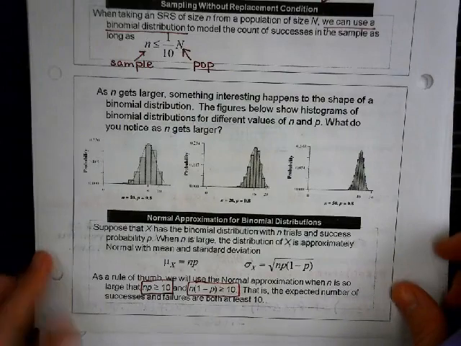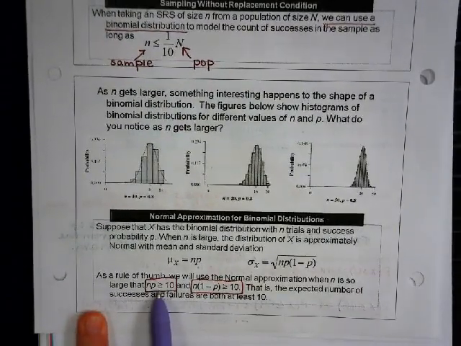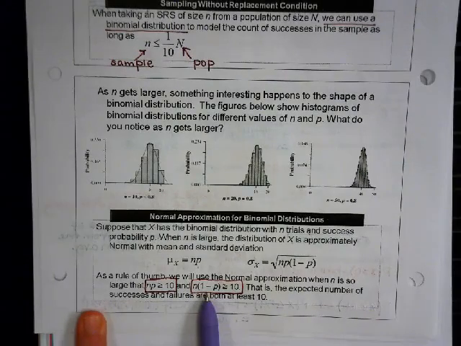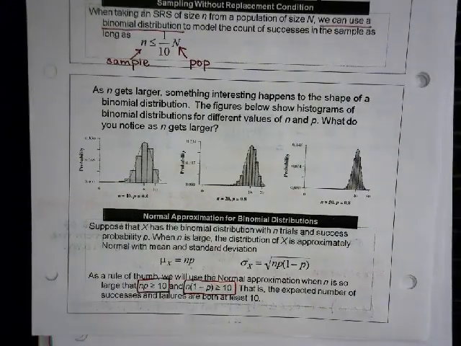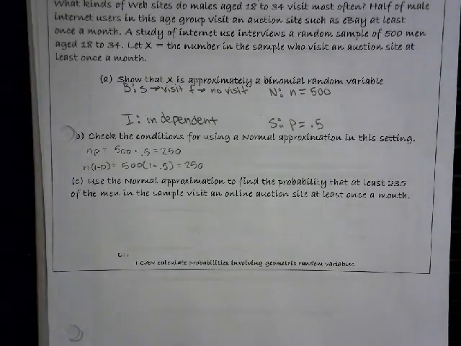It was on this page. N times p is greater than or equal to 10. N times 1 minus p is greater than or equal to 10. If those two things are met, that means that instead of having to use a binomial distribution, we can use a normal distribution. So our normal curve, which we're much more familiar with.